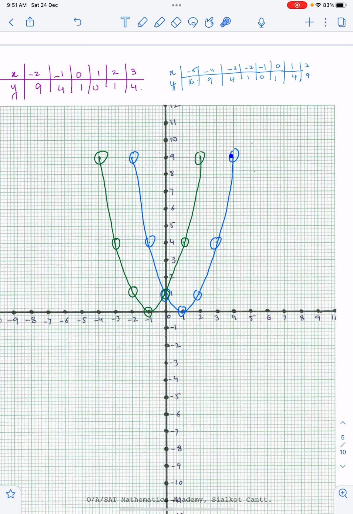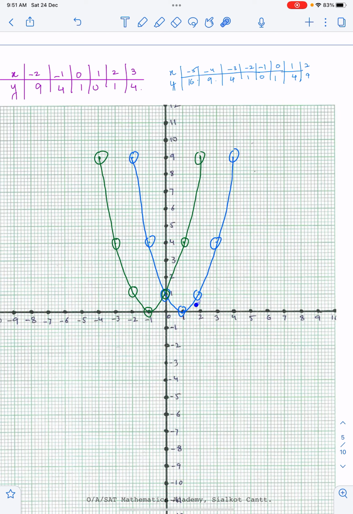So this point has gone onto this point, and this point has gone onto this point. Whatever is the distance from the y-axis, the reflecting point on the graph of y equals f of negative x has the same distance from the y-axis. It's a reflection in the y-axis.